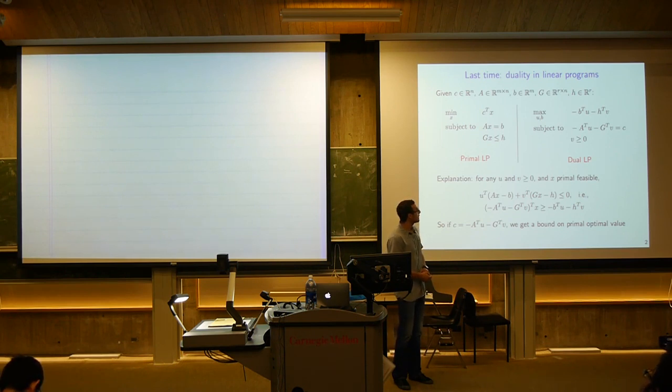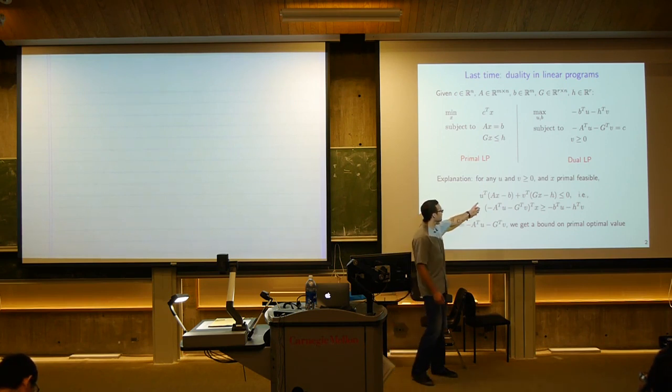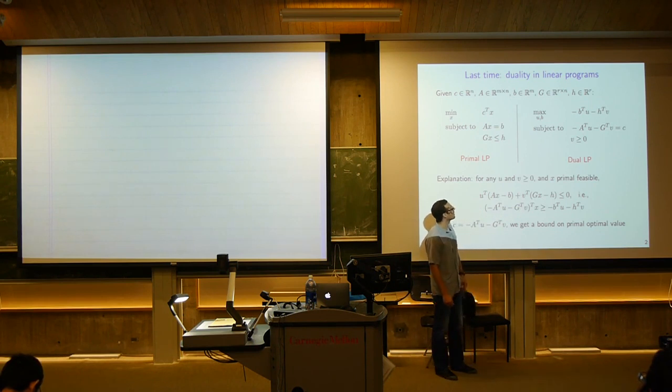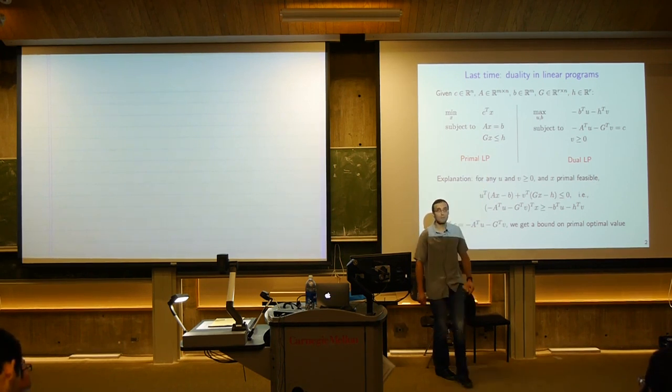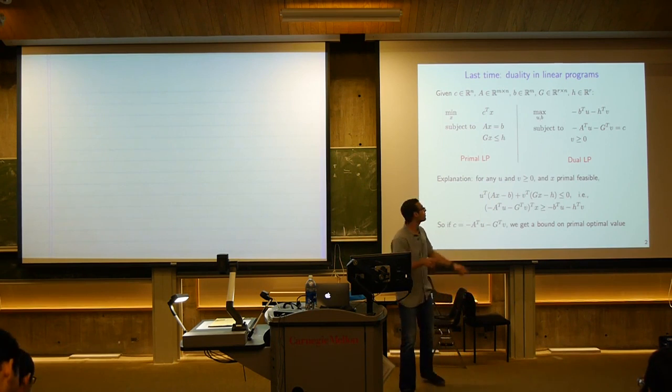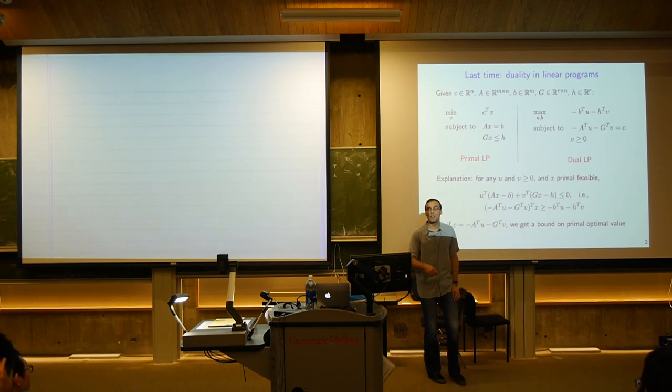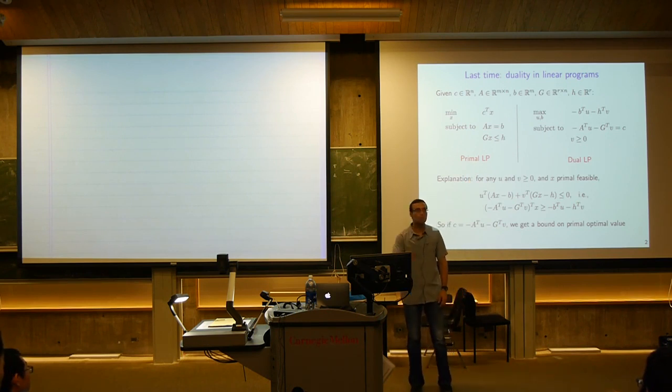So what we did was take something we called dual variables, u and v, and we restricted v to have non-negative components because we were essentially going to multiply every constraint here by a component of the dual variable to generate new constraints. Because it's a less than or equal to sign, the multiplier for the ith component of the system of inequalities, Gx less than or equal to h, had to be non-negative so it didn't flip the sign.